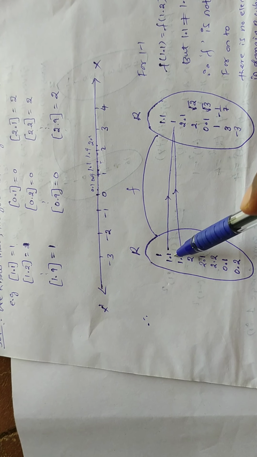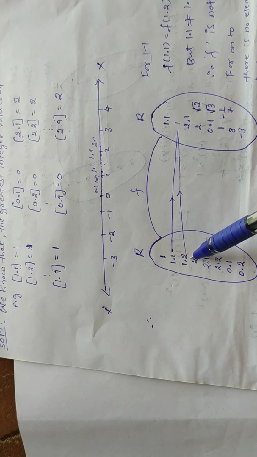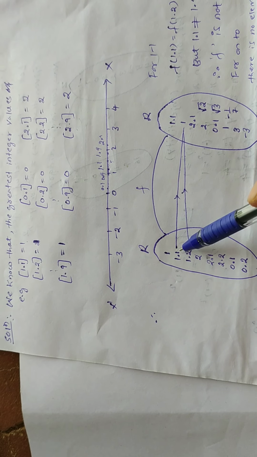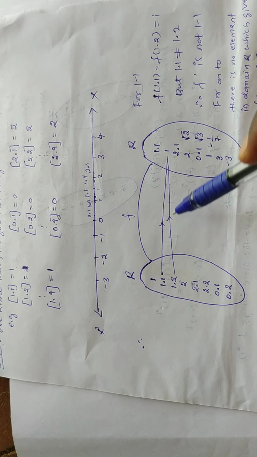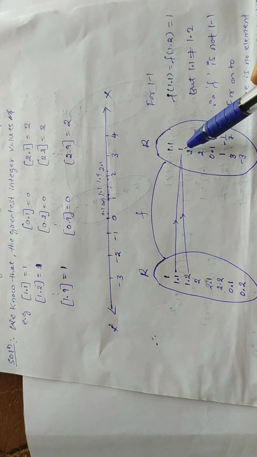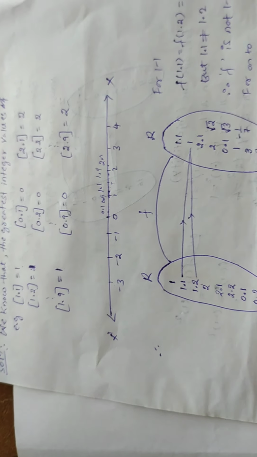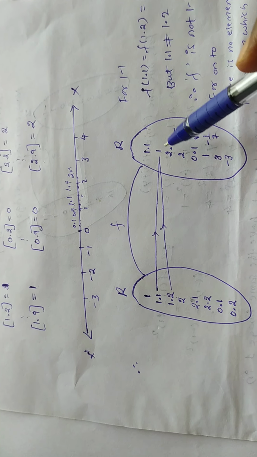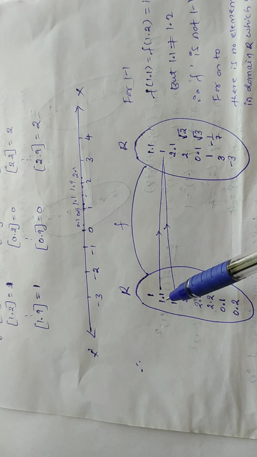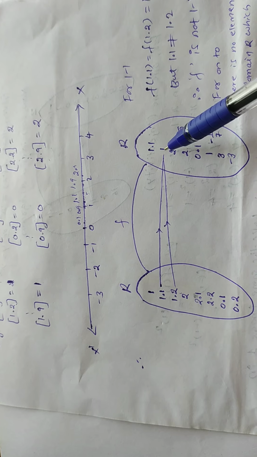So take x1 equals 1.1 and x2 equals 1.2, and you get 1, because the greatest integer of 1.1 is 1 and of 1.2 is 1. If you take 1.3, you get 1, up to 1.9 you get 1. So this is not one-one.